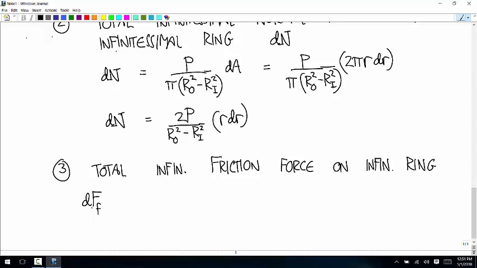The force of friction is just equal to the coefficient of friction times the infinitesimal normal force. And so we can write that as what we had for dN just times mu, so 2P mu over r outer squared minus r inner squared times r dr.